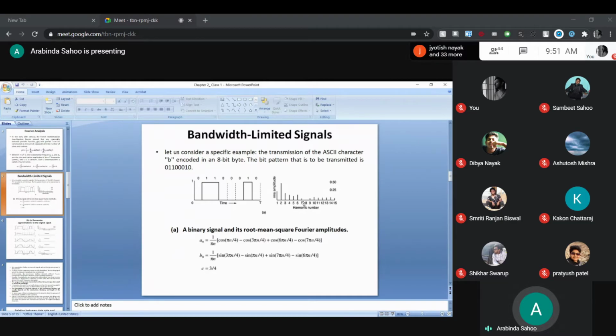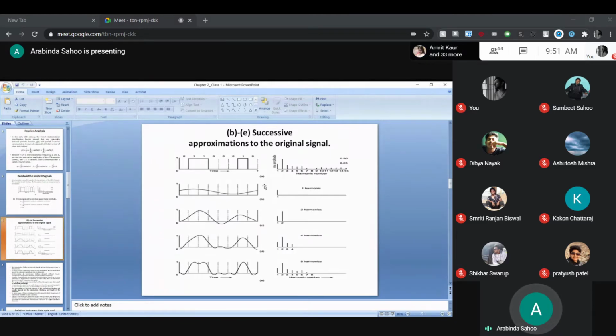So if you pass only 7 harmonics and reject the rest, you will lose very little information. Right? You can check this from the diagram.